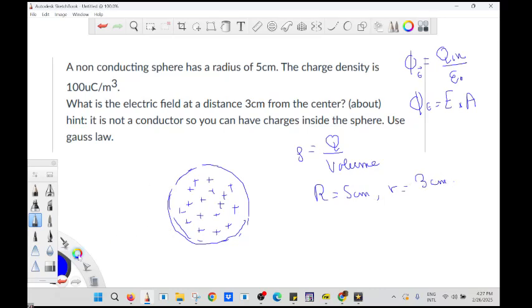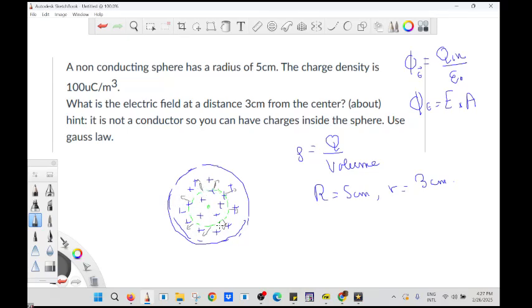So because of the symmetry, if we are at a distance of 3 centimeters, we can see that the electric field will be the same all over the surface here. It's going to diverge and it will be perpendicular.